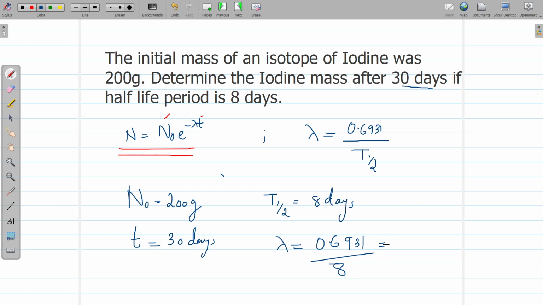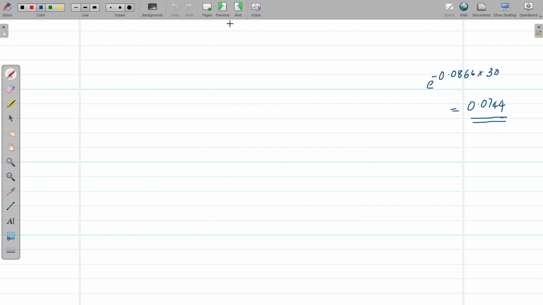So using the calculator, 0.6931 divided by 8 is equal to 0.0866.